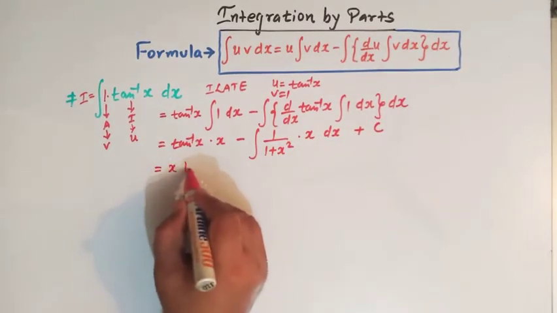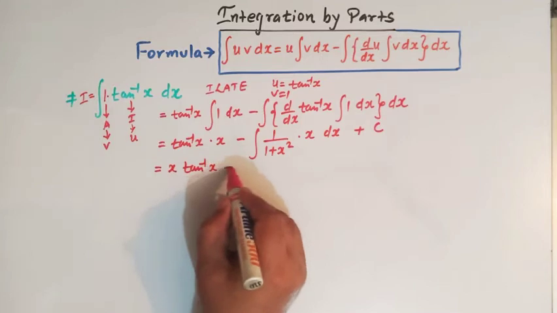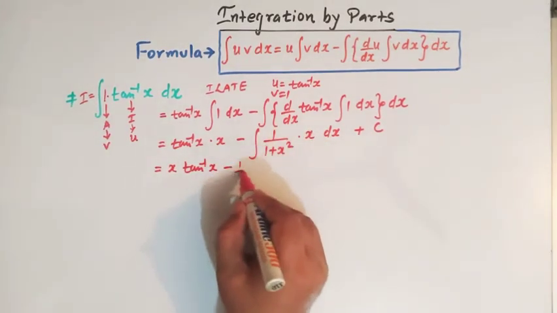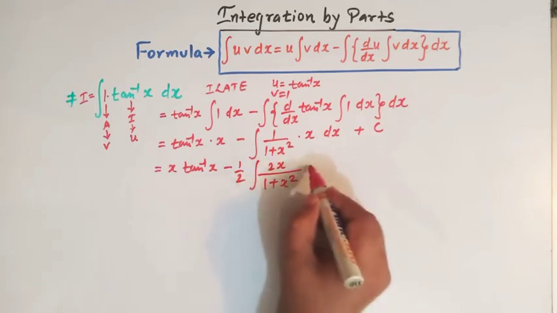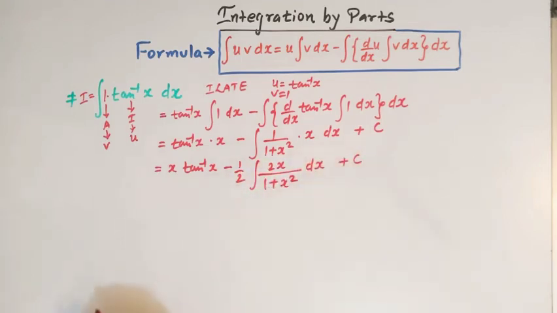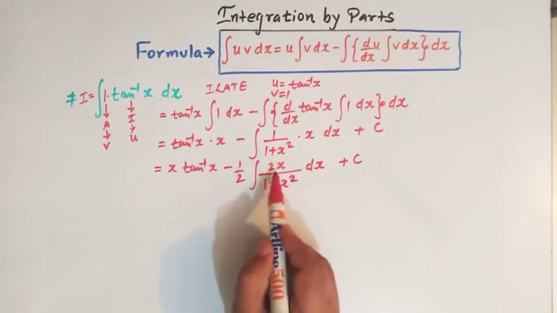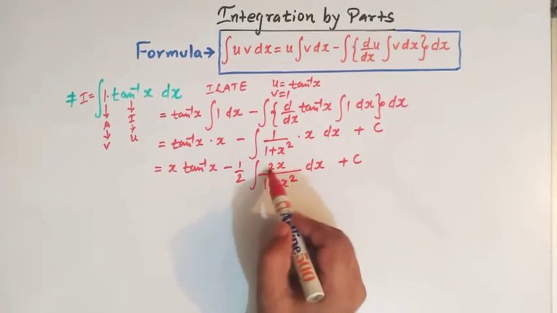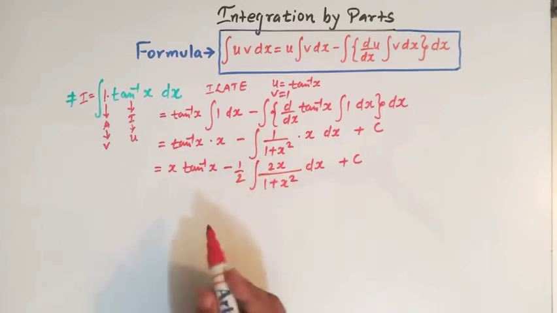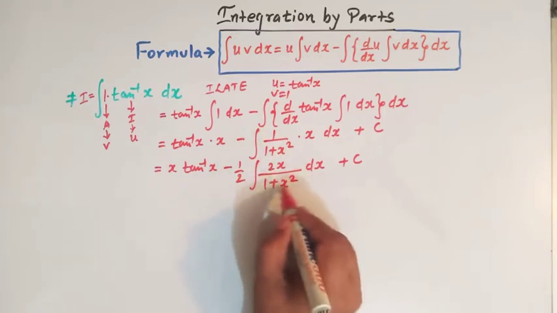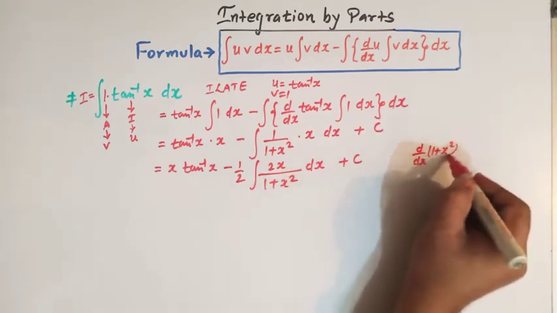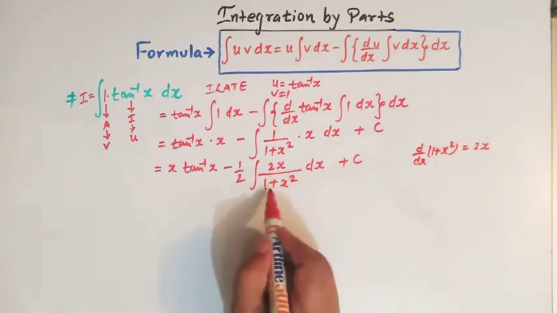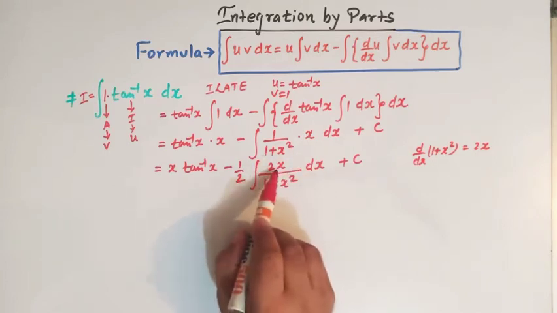So this is x tan inverse x minus, now this expression can be written as half integral 2x over 1 plus x square dx plus c. Here we have multiplied the numerator and denominator by 2, so that the derivative of 1 plus x square, which is 2x, is in the numerator.